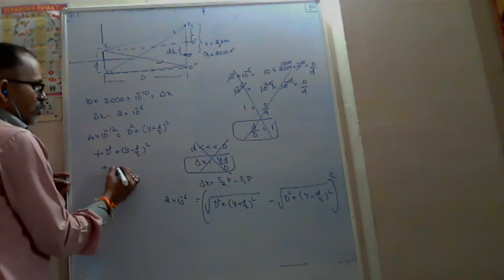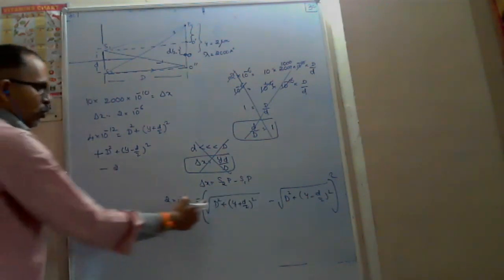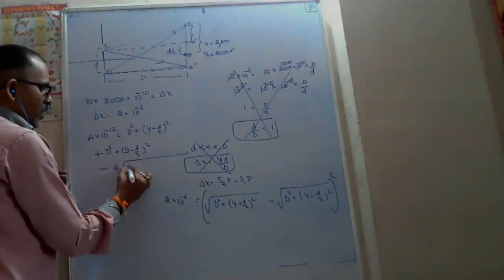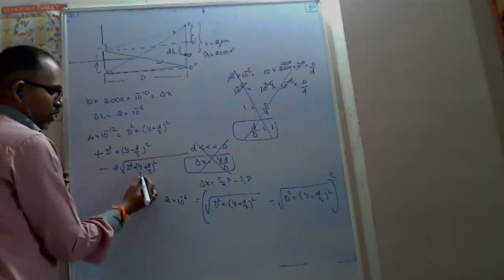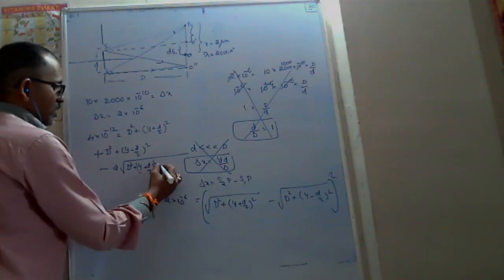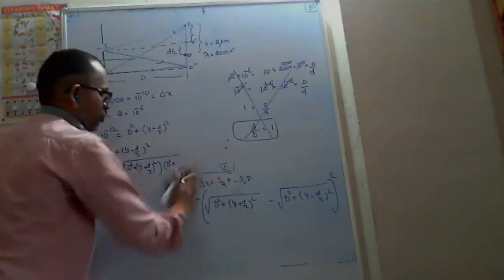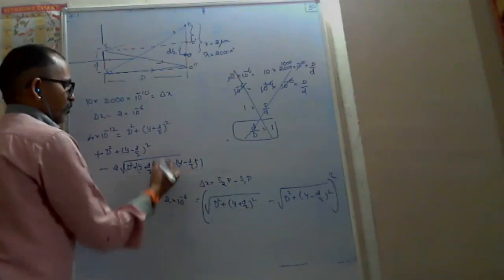Okay. Minus 2ab, means under root of D square plus y plus d by 2 whole square, into D square plus y minus d by 2 whole square.